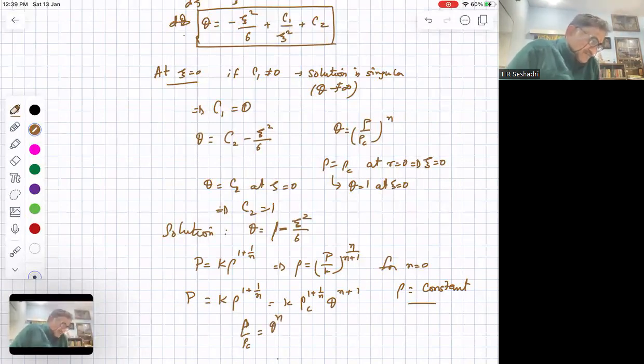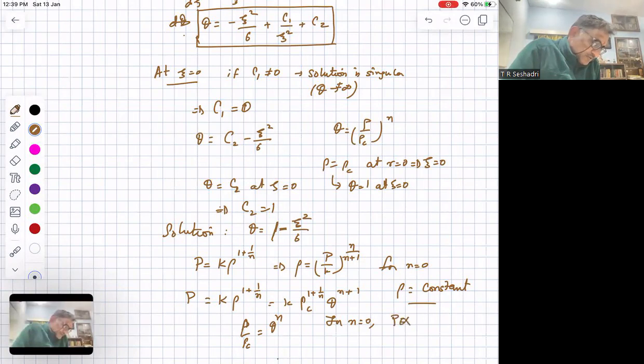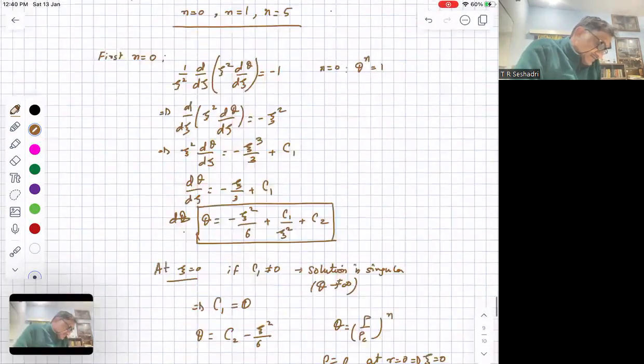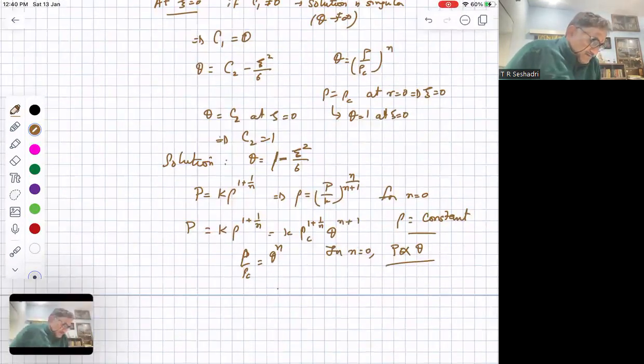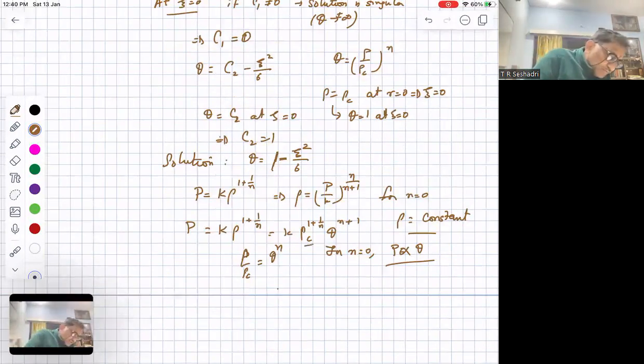And hence, for n equal to 0, P is proportional to theta. Now you may wonder that when n is 0, what about this rho C? The exponent goes to infinity, right?